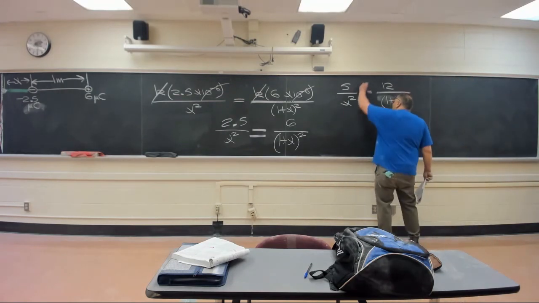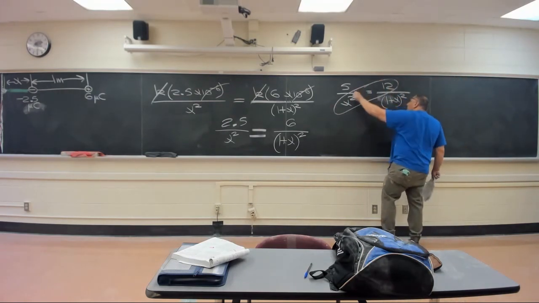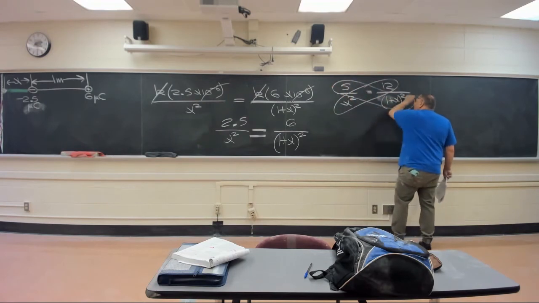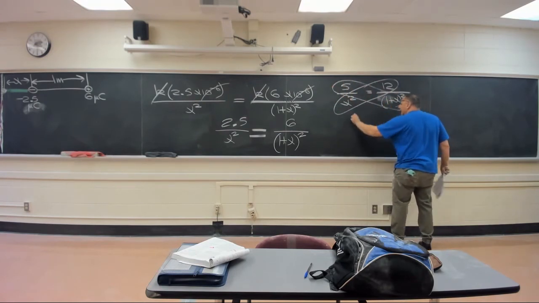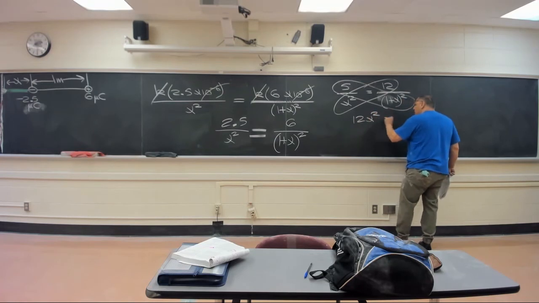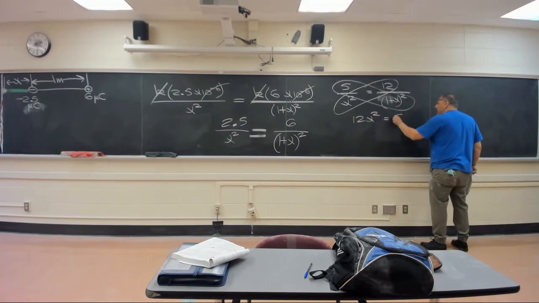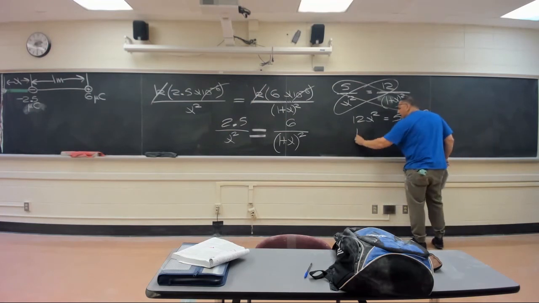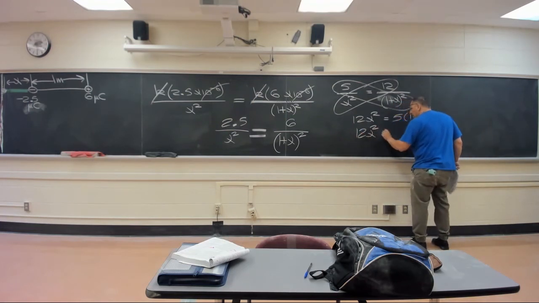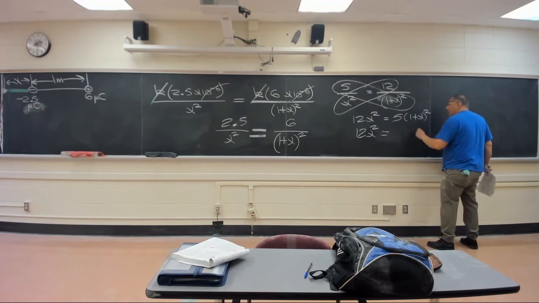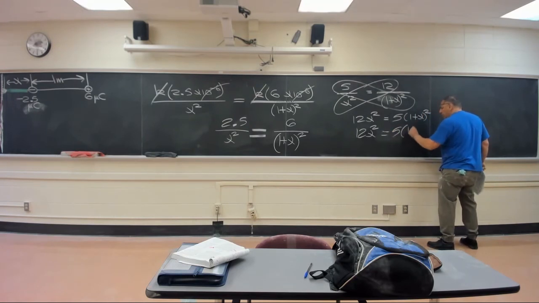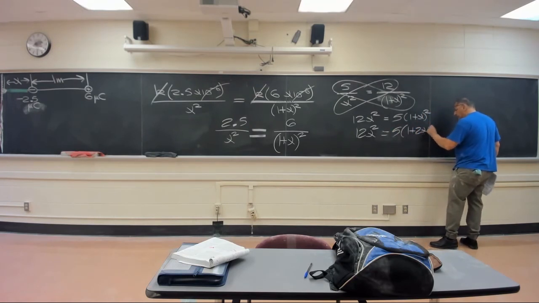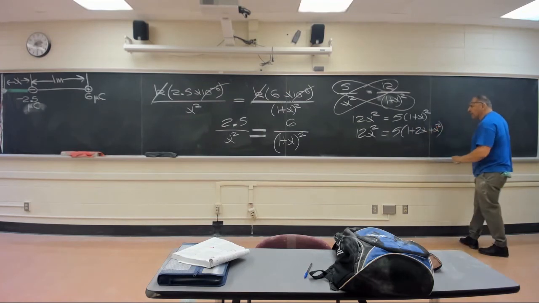If two things are equal, they're equal. You've got 12x squared equals 5 times the quantity 1 plus x, squared. This thing right here is 1 plus 2x plus x squared.